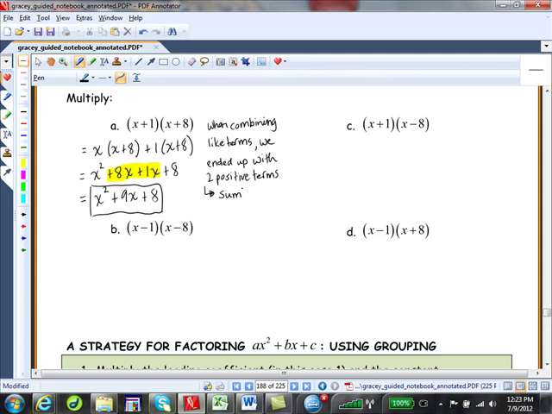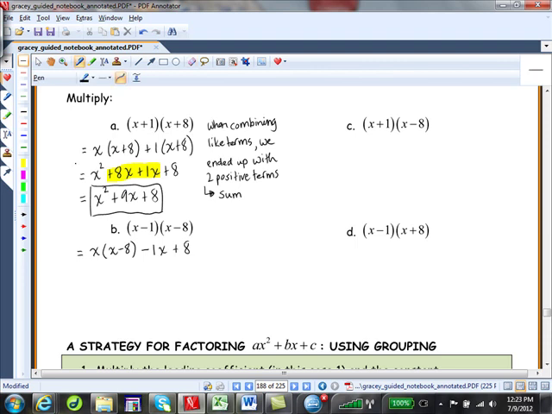Now let's take a look at part B. With part B, we have x times x minus 8, and then minus 1x, because negative 1 times x is minus 1x, and then negative 1 times negative 8 is a positive 8.